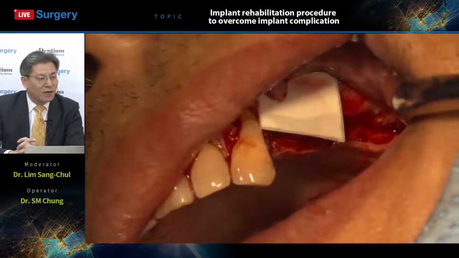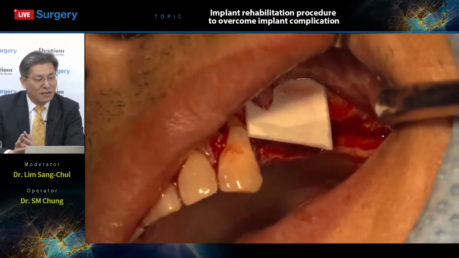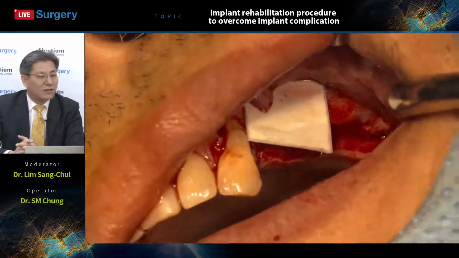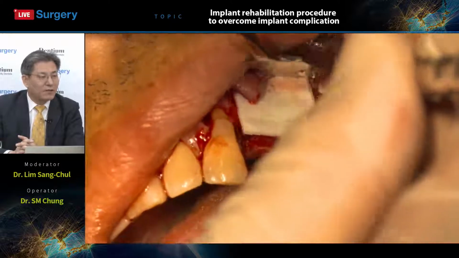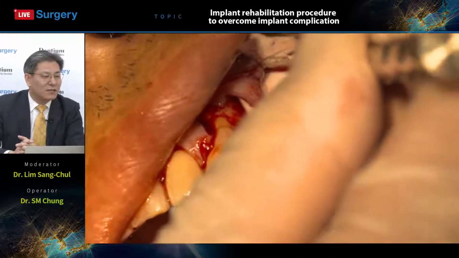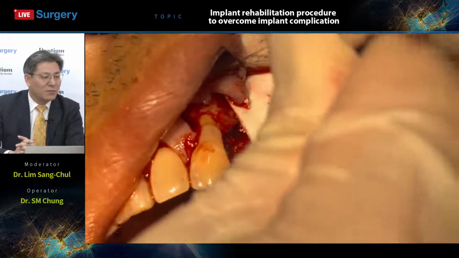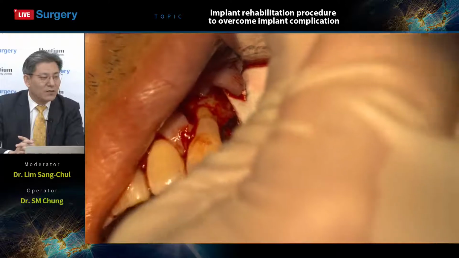This kind of technique is popular, and the standard actually for fixation of membrane. But now, Dr. Zhang is trying to use the pin instead of periosteal holding suture.